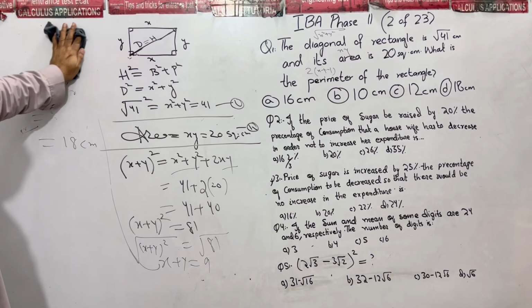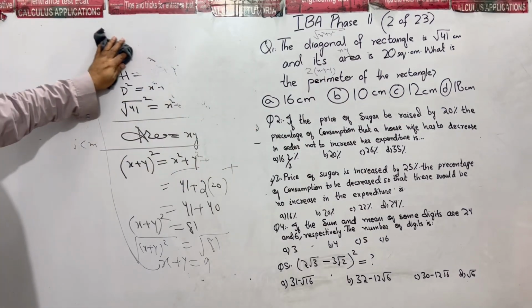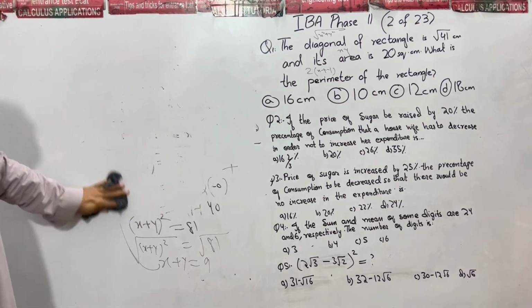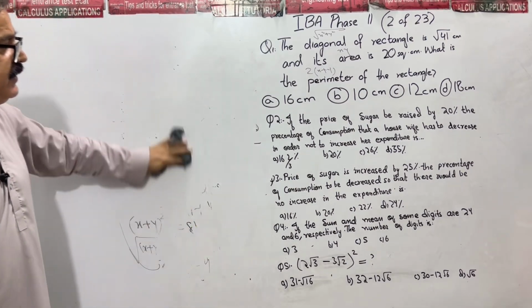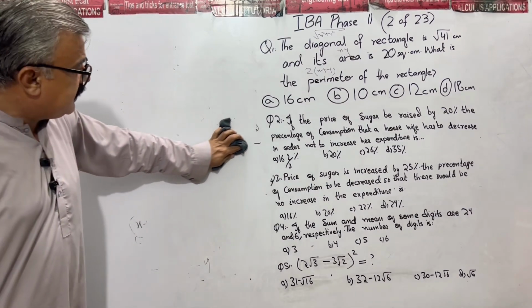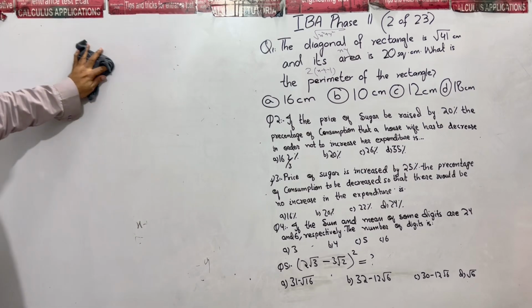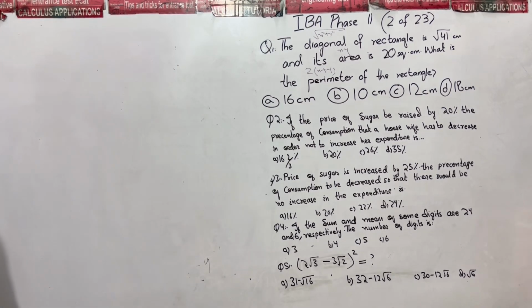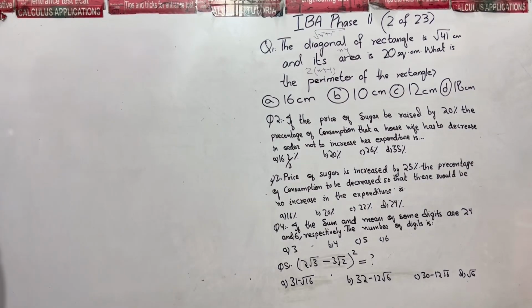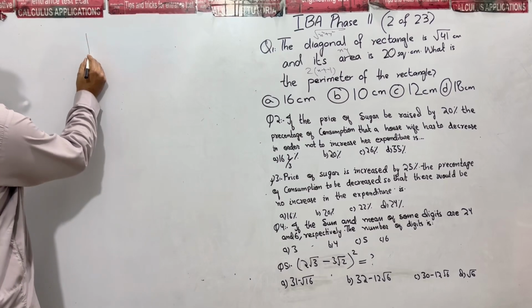Our second question reads: if the price of sugar is increased by 20%, what percentage must a housewife decrease her consumption in order not to increase her expenditure? The price of sugar has been increased by 20%.